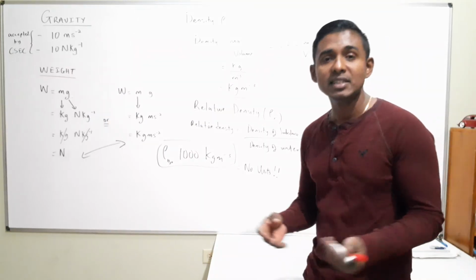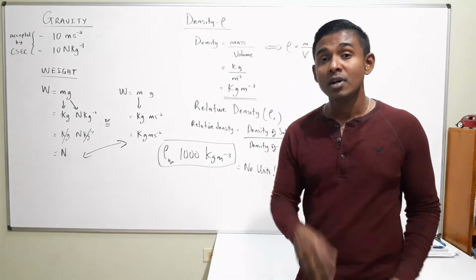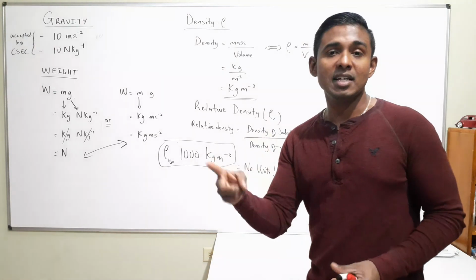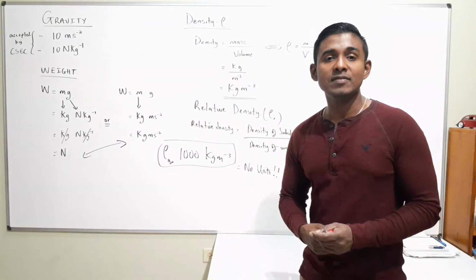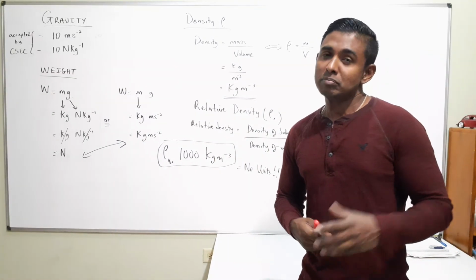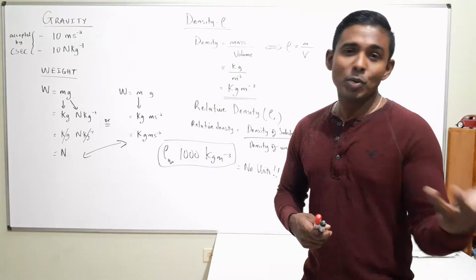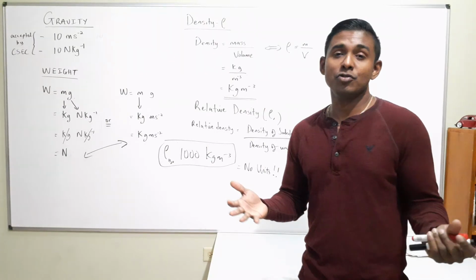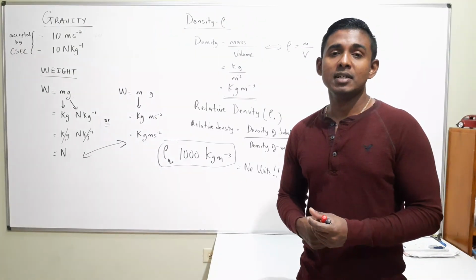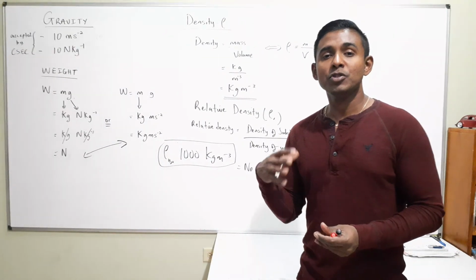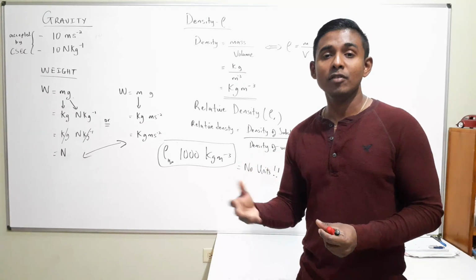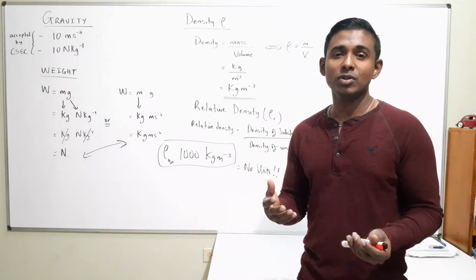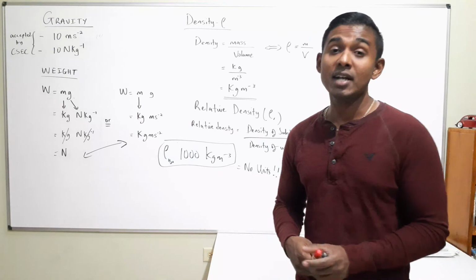So from the moment I say something has a relative density of 2, you should be thinking it's twice as dense as water. If it has a relative density of 0.75, then 0.75 is 3/4, right? In terms of a fraction, it will be 3/4 of the density of water. So 3/4 of 1,000 is 750.